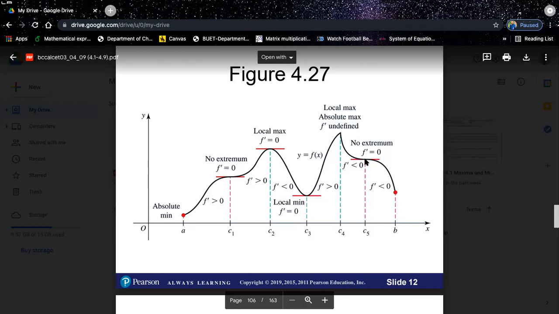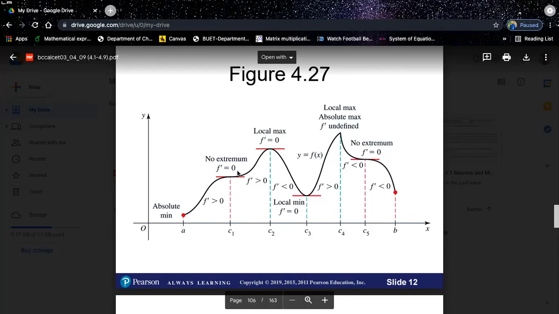Either we have a local maximum, or an absolute maximum, or a local minimum, or an absolute minimum, or it could be neither. It could be no extremum, right? So let's see what information we can eyeball from each of these graphs, at each of these critical points.